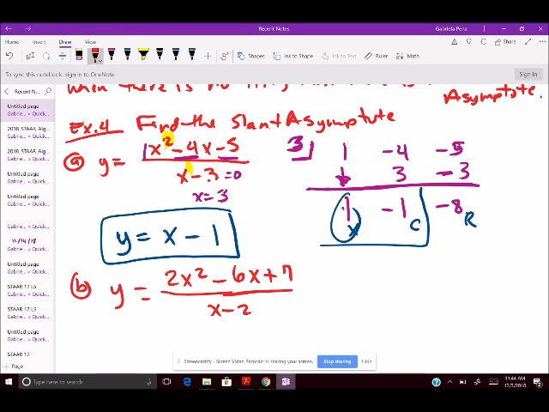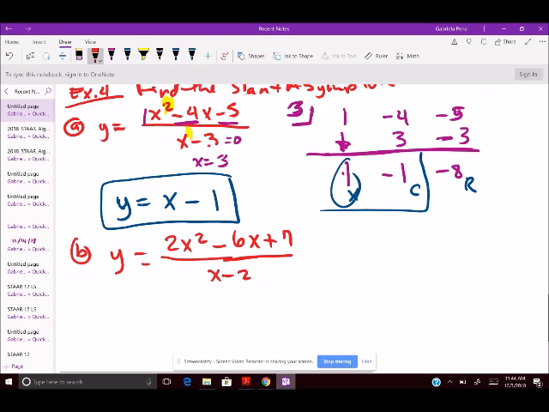The number outside has to be a 2. 2, -6, and 7.